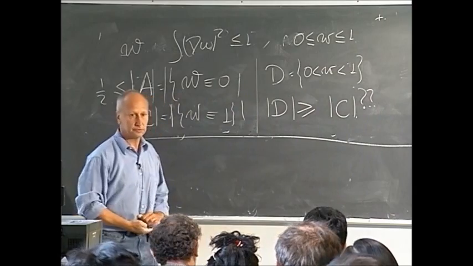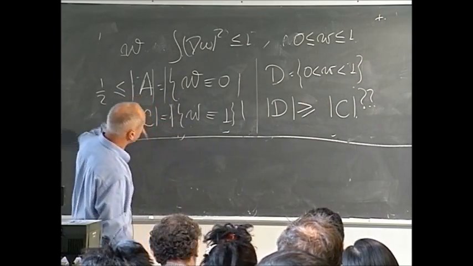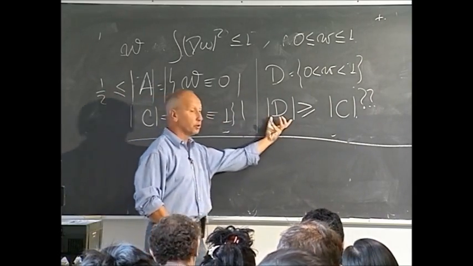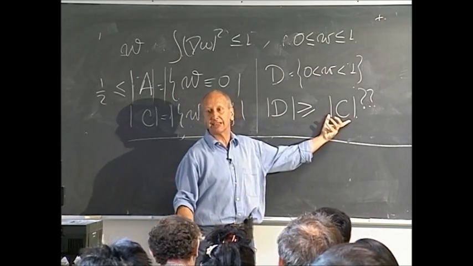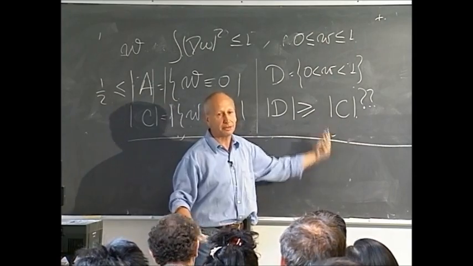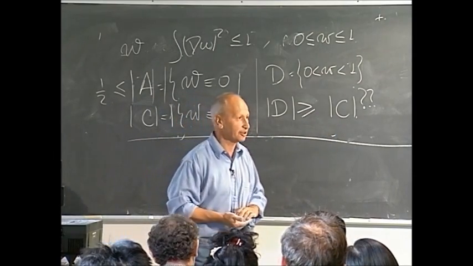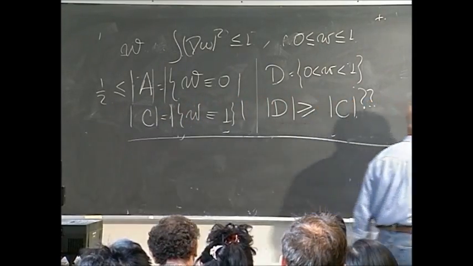So I want to convince you that to go from 0 to 1, I need some room, D, which is proportional. It has to be related to the size of C, because if C is empty, there is nothing to say.